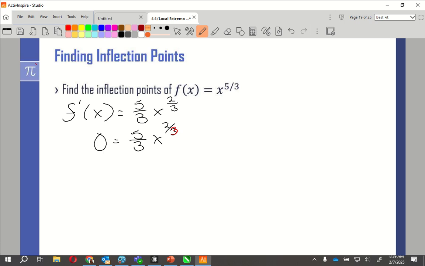So let's go ahead here, set it equals 0, divide both sides by 5/3, I get 0 equals x.